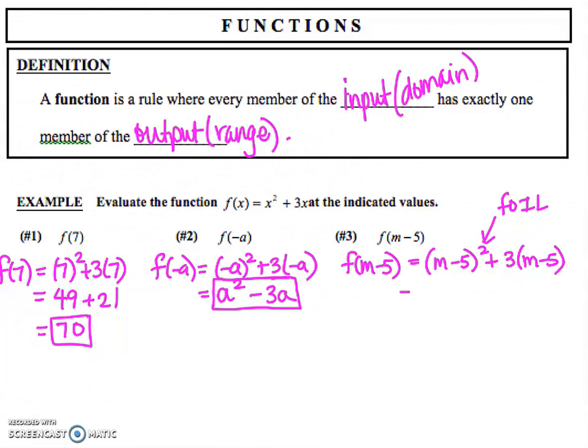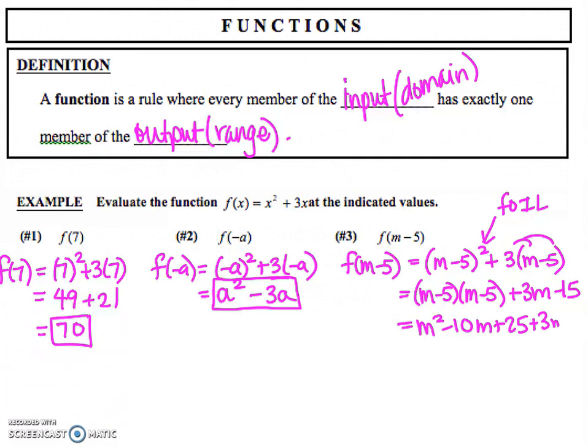This is a FOIL. So this is going to be m minus 5 times m minus 5 plus, and then I'm going to go ahead and distribute the 3m minus 15. When I FOIL the m minus 5s, I get m squared minus 10m plus 25 plus 3m minus 15.